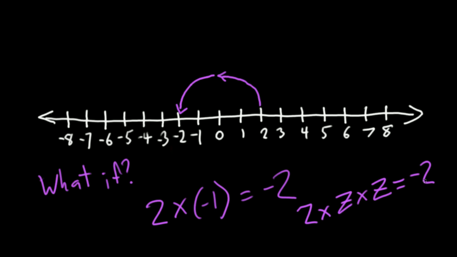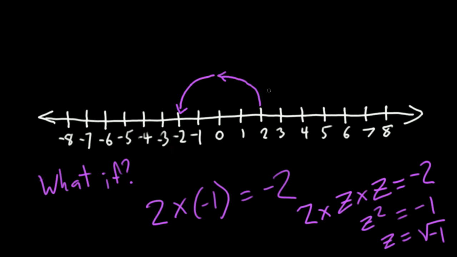Well, let's check this out. If we were to just solve for z here, we'd see z squared equals -2 over 2, so that's -1. In other words, z is equal to the square root of -1. So apparently, the square root of -1 is the amount that we have to multiply by in order to rotate a quarter turn. Well, that's interesting.